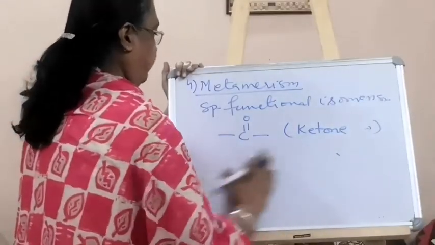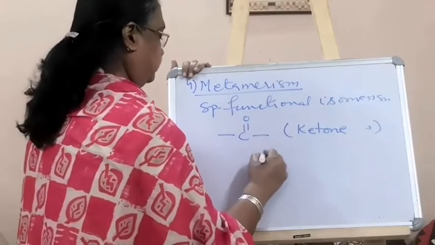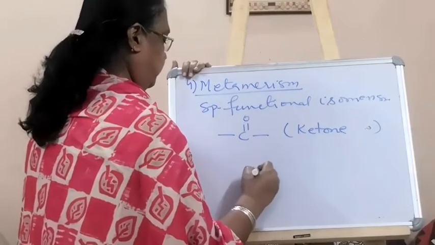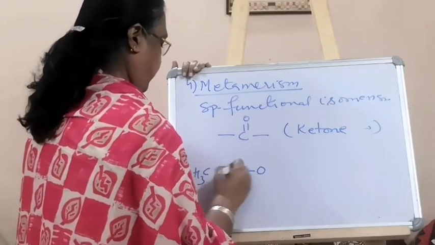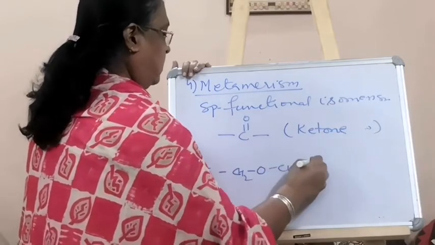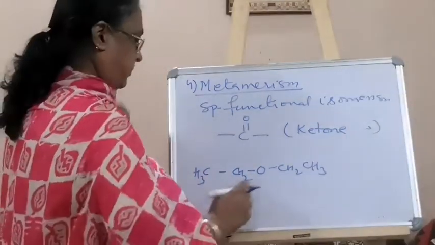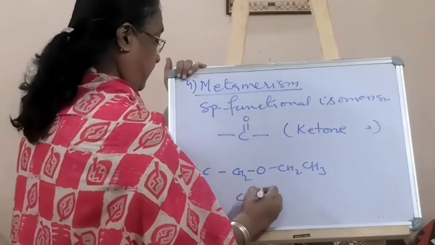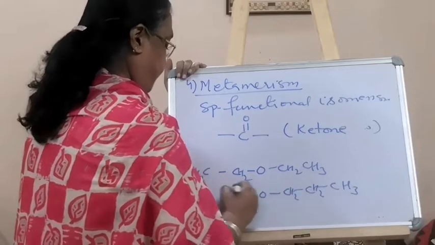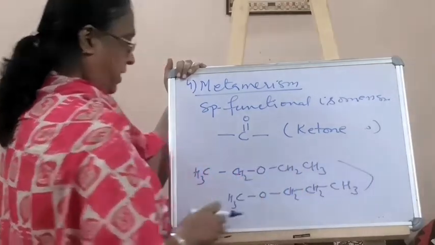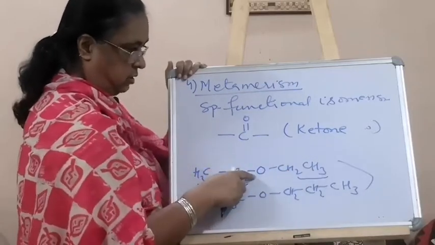So I give you the example of metamerism. Take the first example of ether. This is diethyl ether, or ethoxyethane, IUPAC name. How are these two variable? See the alkyl group on either side of oxygen.